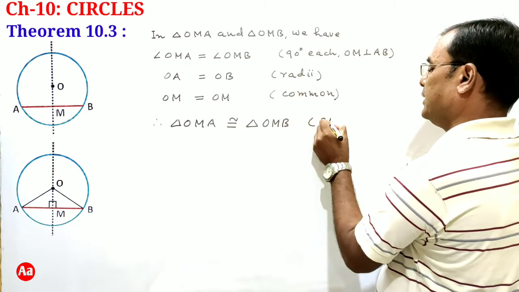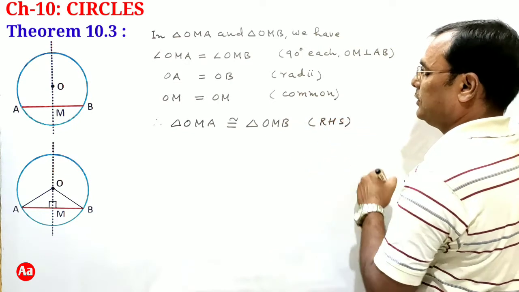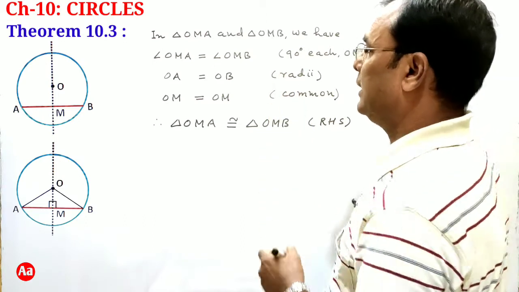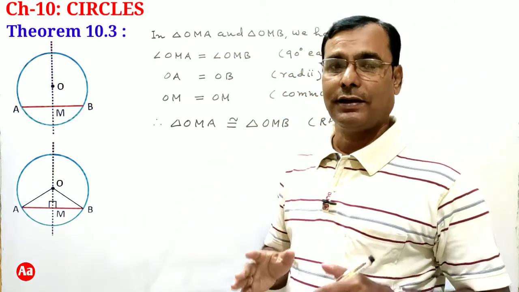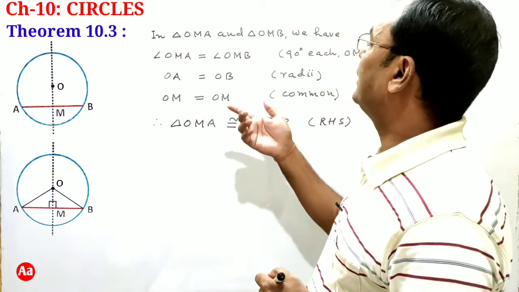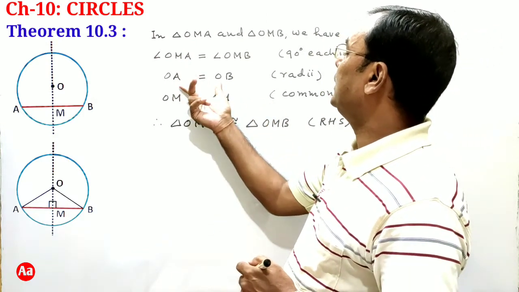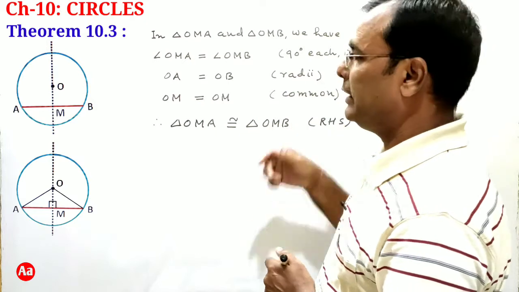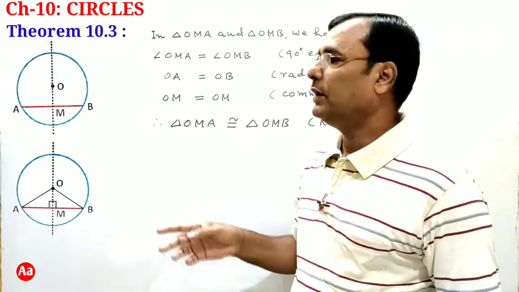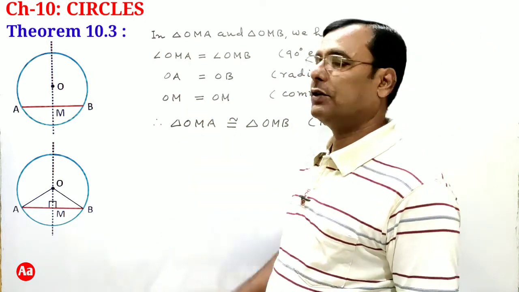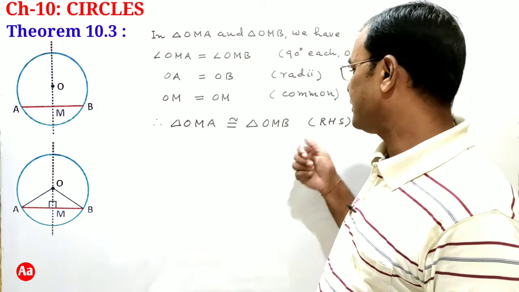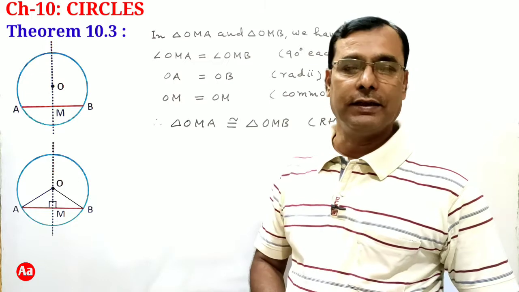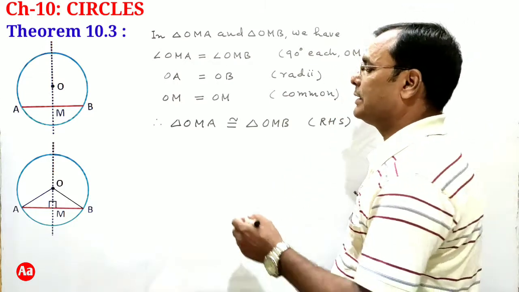By RHS congruence rule, because both the triangles OMA and OMB are right triangles, and their hypotenuse OA and OB being radii of the same circle are equal, and OM is a common side of both the triangles. So by RHS congruence, both the triangles are congruent.